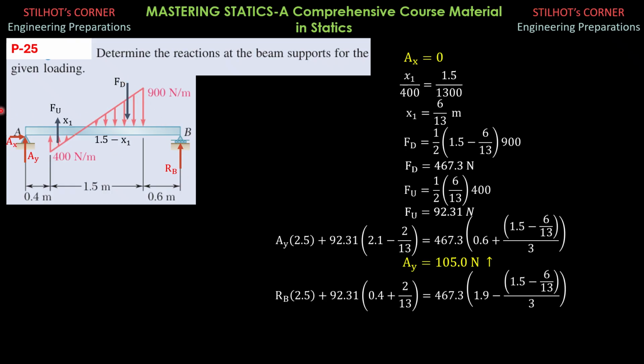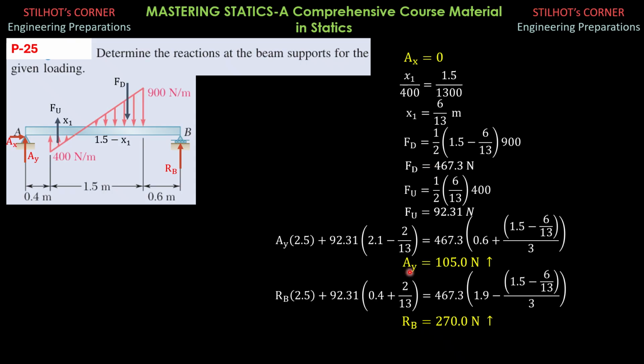This distance is equal to 1.9, 0.4 plus 1.5, minus this distance here, which is 1/3 of 1.5 minus x1. So using your calculator, RB equals 270 newtons upward.